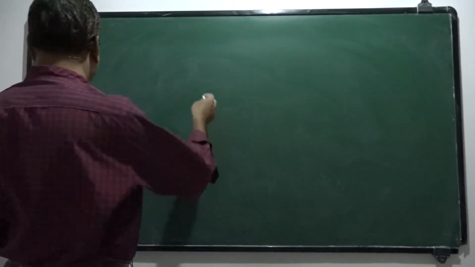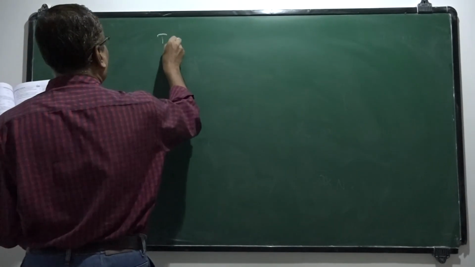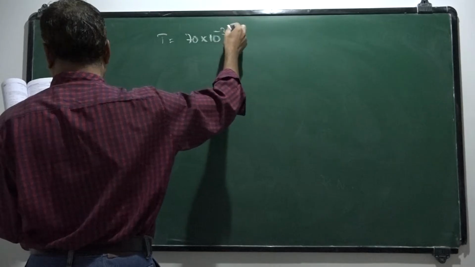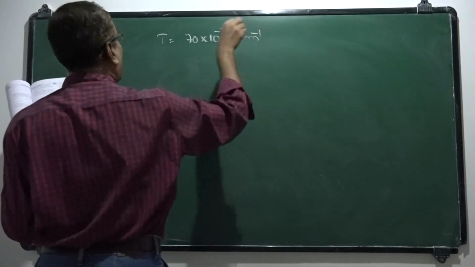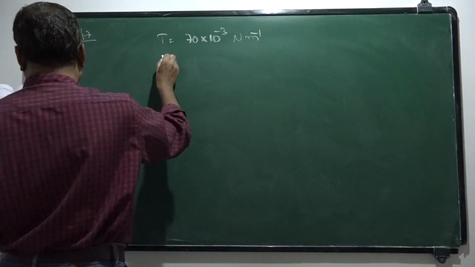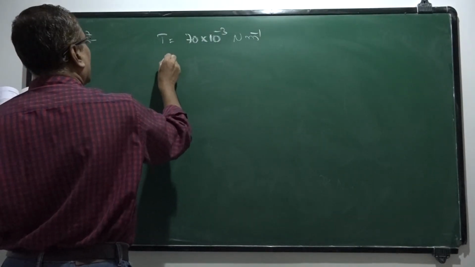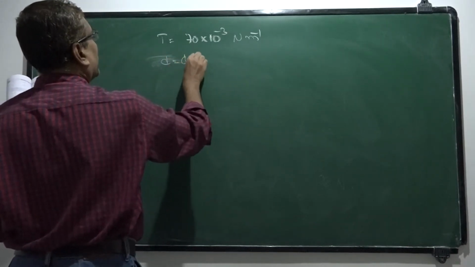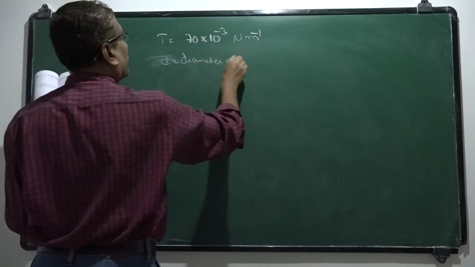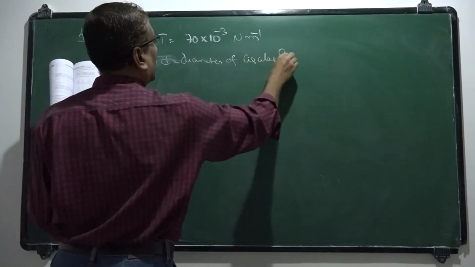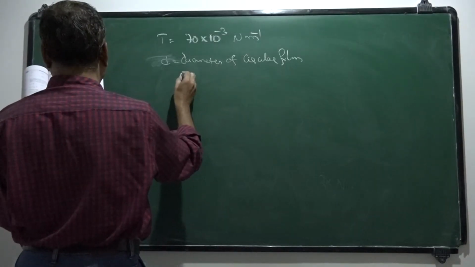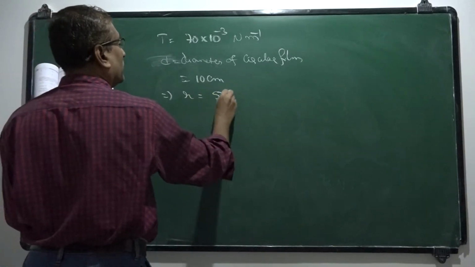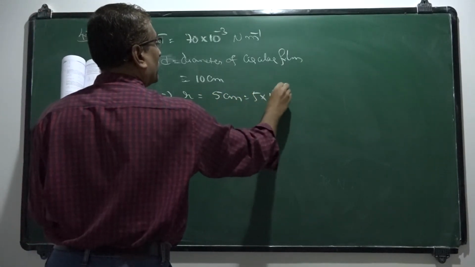Here it is given that the surface tension of the liquid is 70 into 10 to the power minus 3 Newton per meter, and the diameter of the circular film is given as 10 centimeter, which implies the radius of the film is 5 centimeter, that is 5 into 10 to the power minus 2 meter.